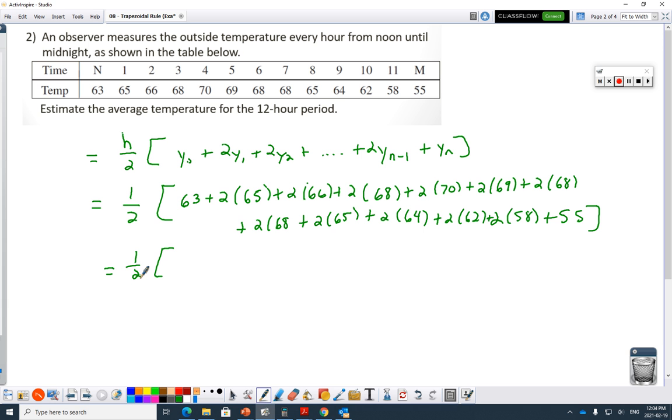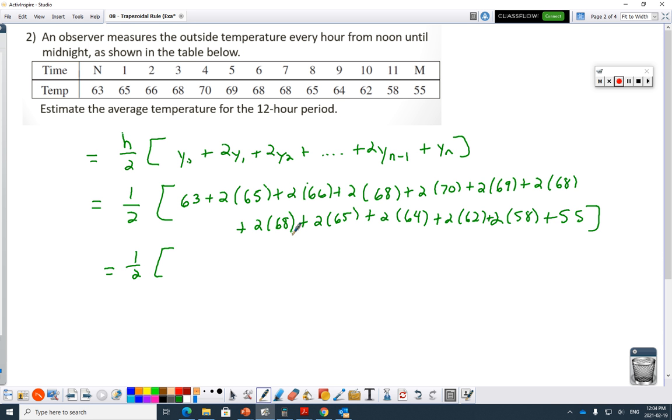2 times 65. I hope someone else is typing this in to check if I type this in right. Plus 2 times 68, plus 2 times 70, plus 2 times 69, plus 2 times that 68, plus 2 times that 68. Hey, missing a bracket there.